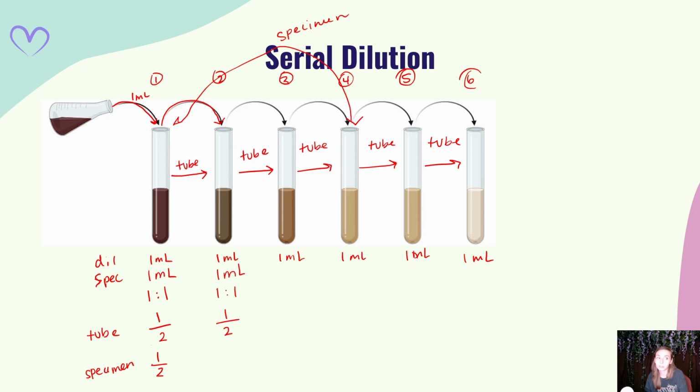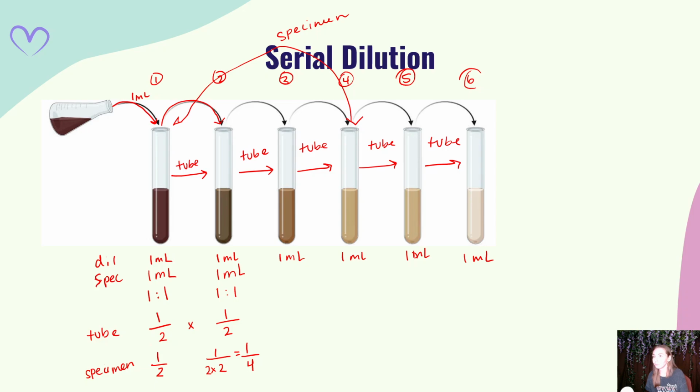However, that's not what the value of my specimen is, because I have now diluted it by a factor of 2 twice. So in order to figure out what the concentration of the specimen is, I would multiply my tube dilution by my tube dilution. So my new specimen dilution is going to be 1 over 2 times 2, aka 1 over 4.